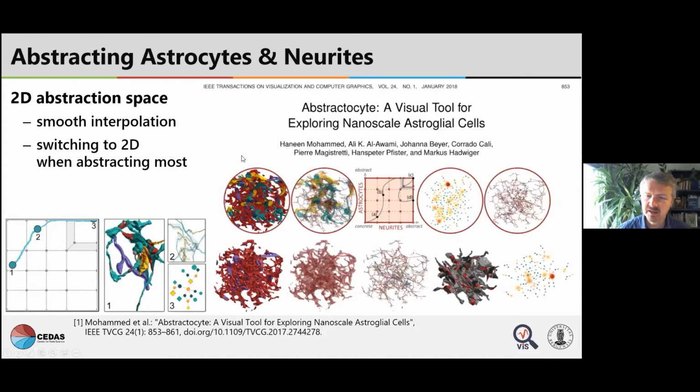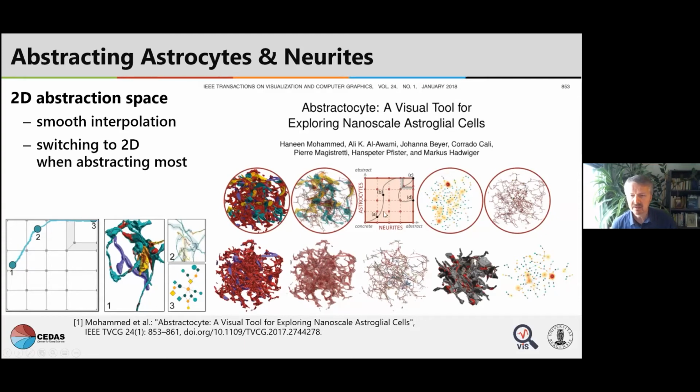A similar idea has been realized by colleagues of Markus Hadwiger and Hans-Peter Pfister and others, where they are also considering a smooth interpolation space for abstractions. And in this work, I think it's interesting to see that they are interested in small scale features in the brain, in particular, the relation between neurites and astrocytes.